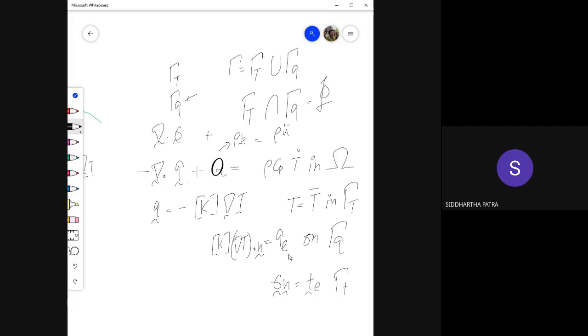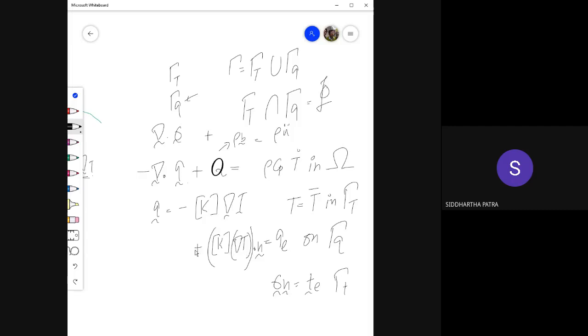So if the gradient of T is positive, heat is coming inside of the geometry. k times gradient of T is a vector, and you are taking the dot product of this vector with n, and eventually you are getting heat flux.